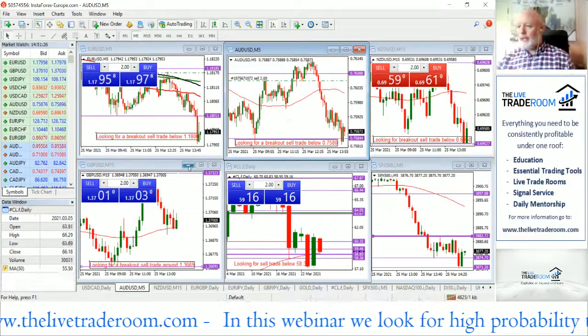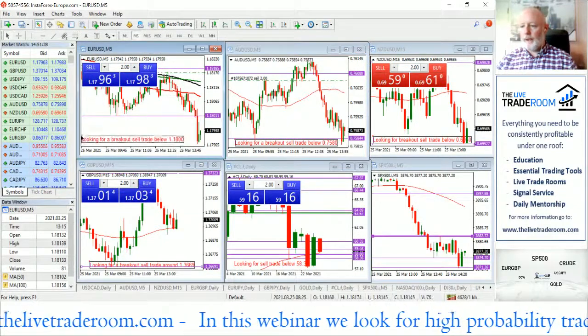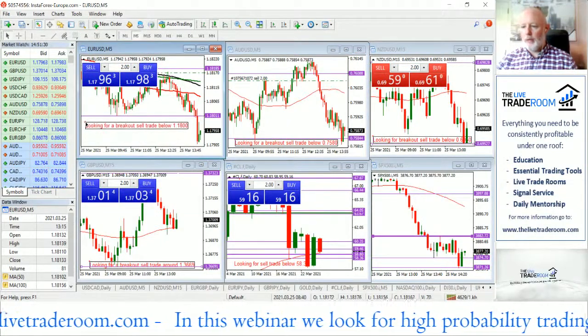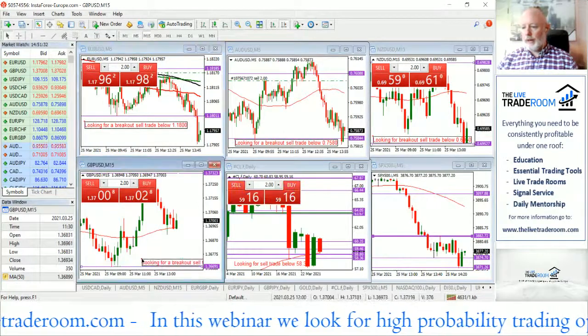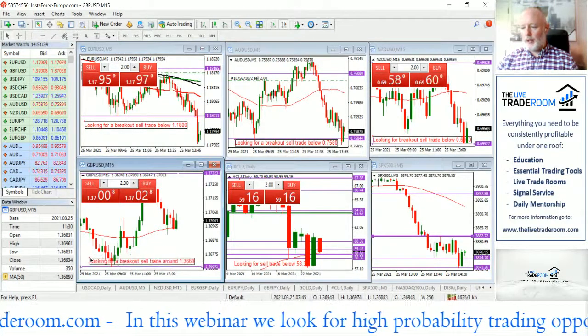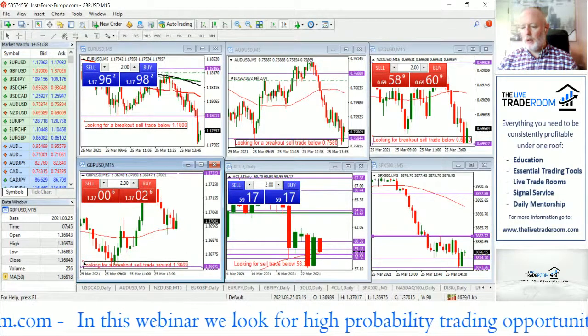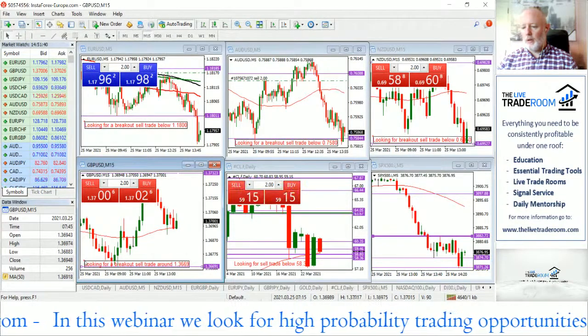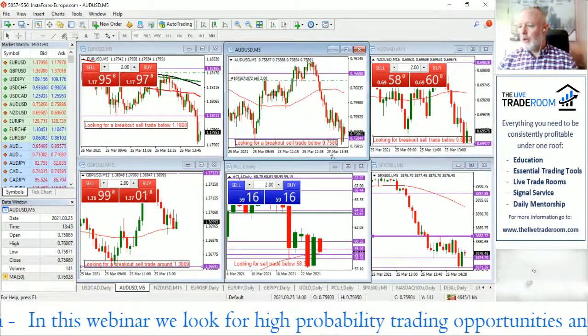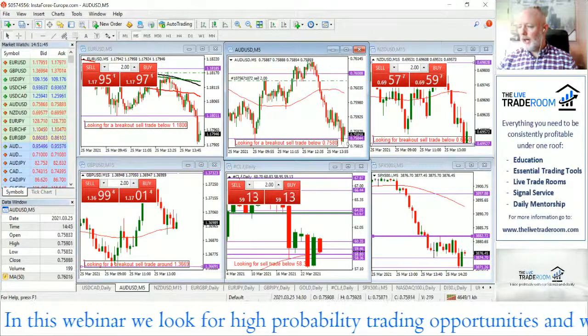So you can see the details there up on screen for each of these trading opportunities. So they're very viable trading opportunities. We're getting close to that break, the 85.80.